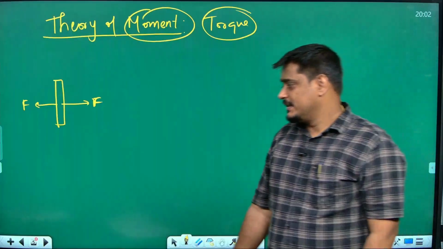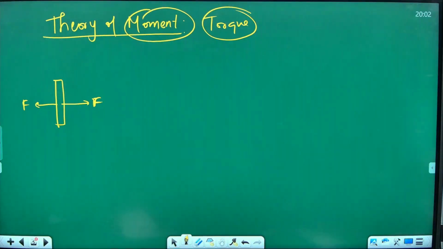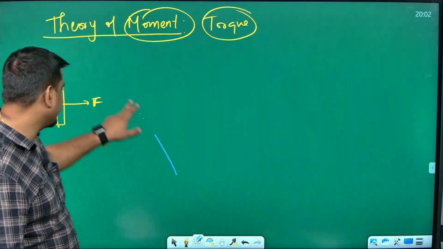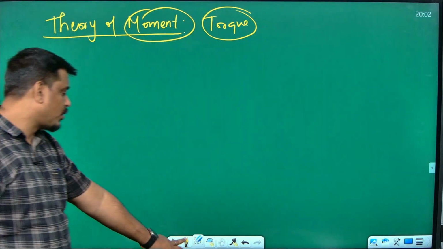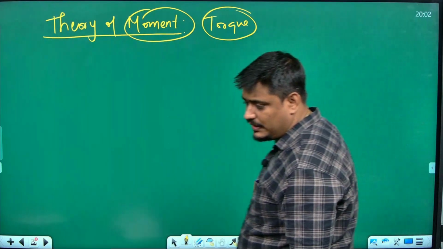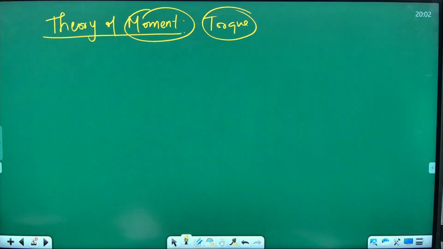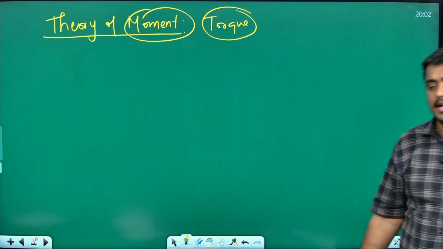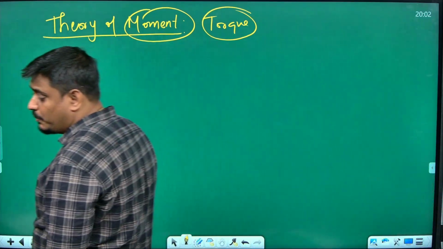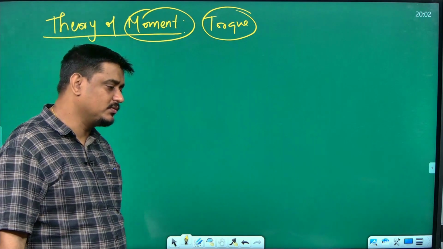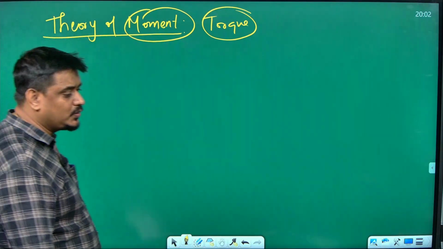Write that. For an object to be in rotational equilibrium, everybody please take the notes properly. For an object to be in rotational equilibrium, net moment, in bracket you may write torque, must be equal to 0.